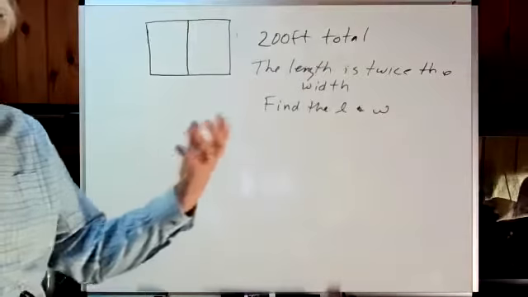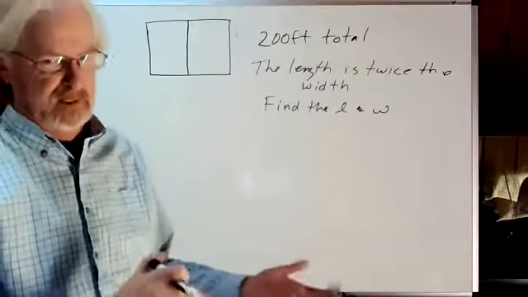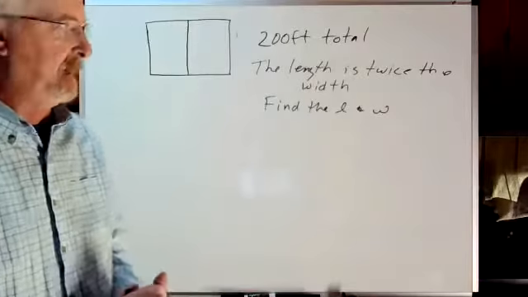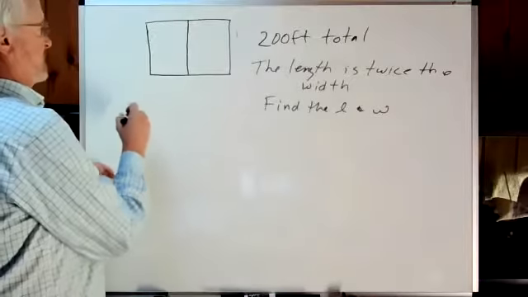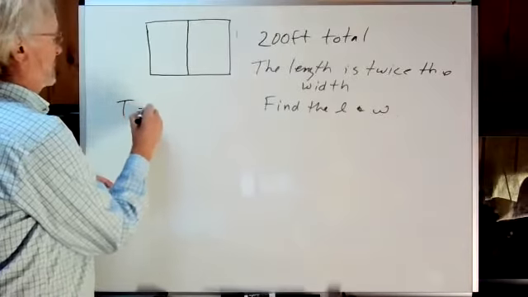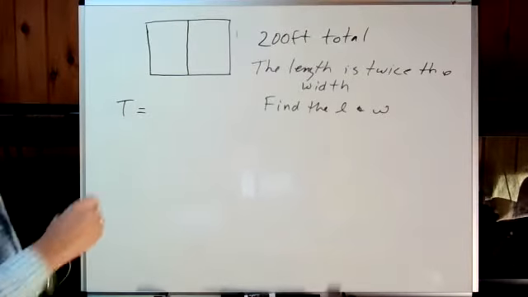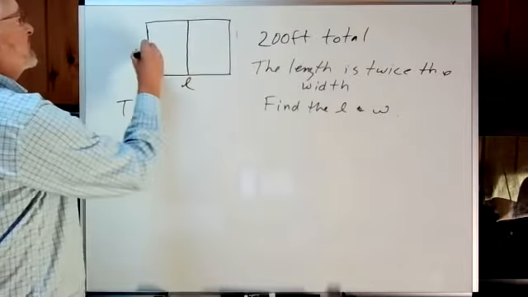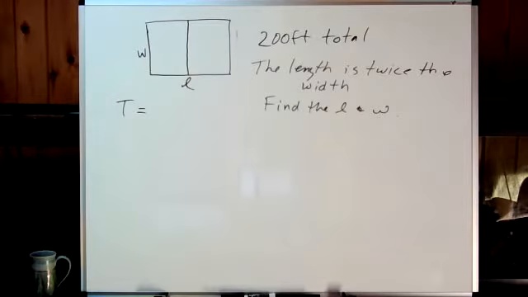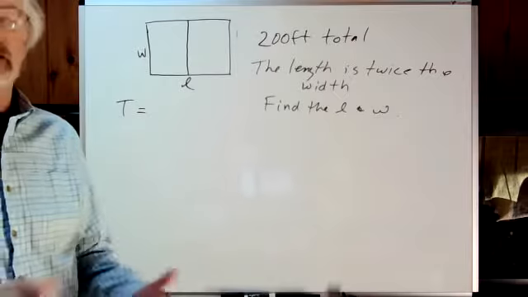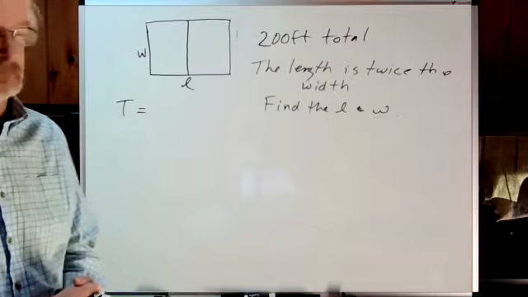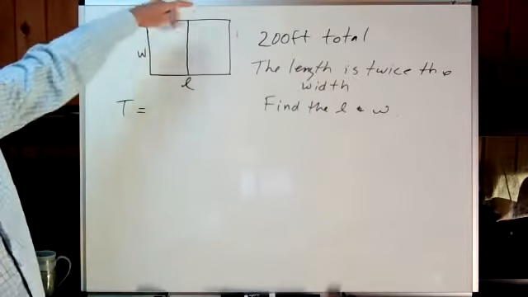Well, rather than that basic perimeter formula that we just had, we're going to use sort of a version of it. I'm going to call it total this time instead of P. But we're still talking about lengths and widths. All right? How many lengths are there in this figure? This and this.